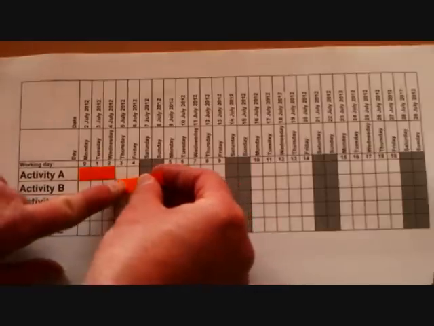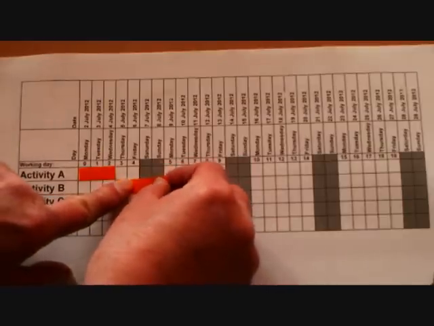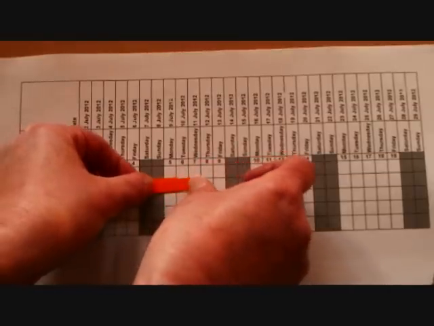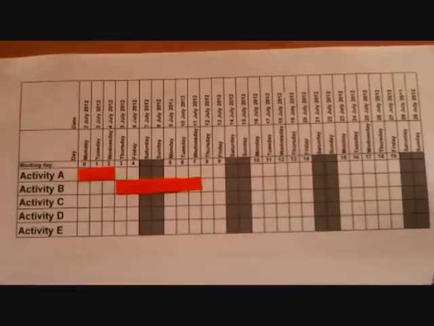So we need to make sure that it is 5 working days, not 5 days including Saturday and Sunday. So now we're going to put in activity B. So that's 2 days there and running through the weekend. So now we have activity B lasting 5 working days but running through the weekend.